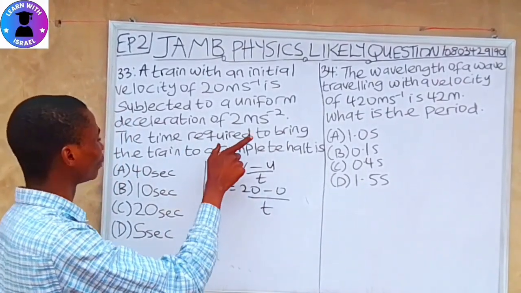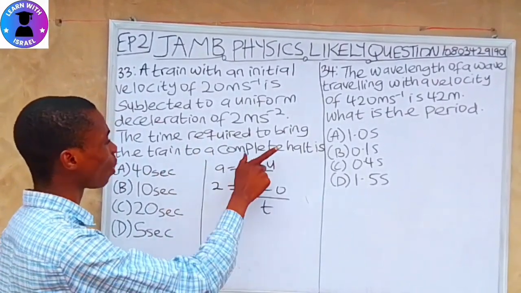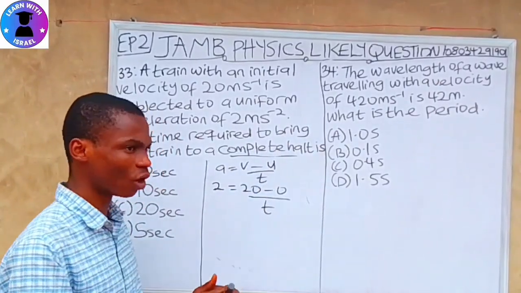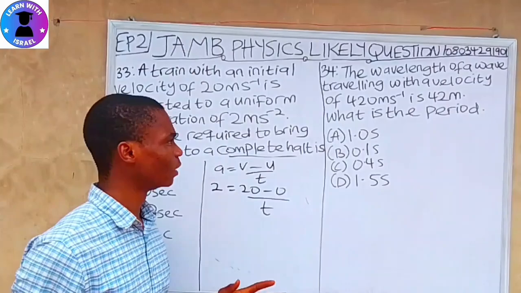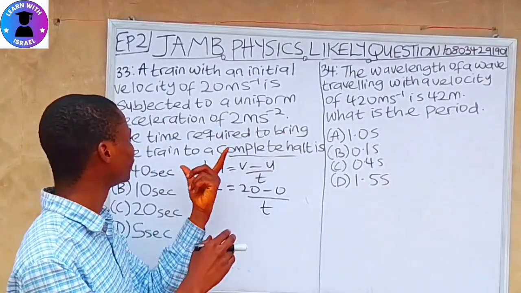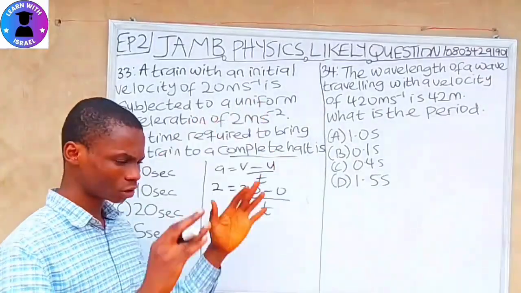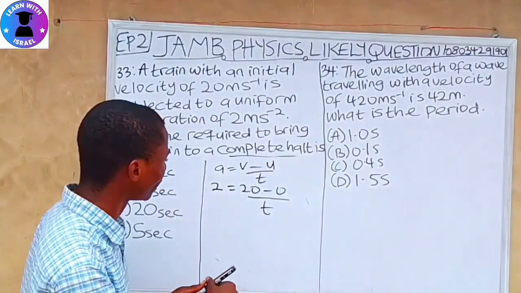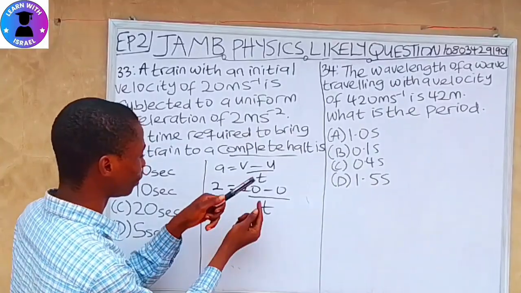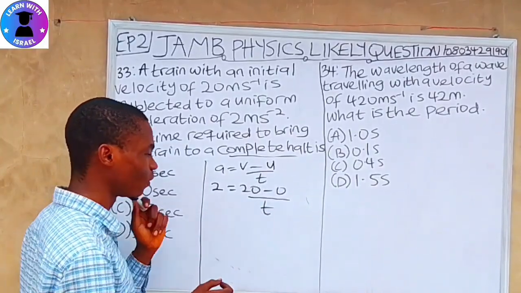They say the time required to bring the train to a complete halt is. What is the meaning of complete halt? Complete halt means complete stop. So what are we going to do? We are going to interchange: we bring our acceleration here and make our time the subject of the formula.